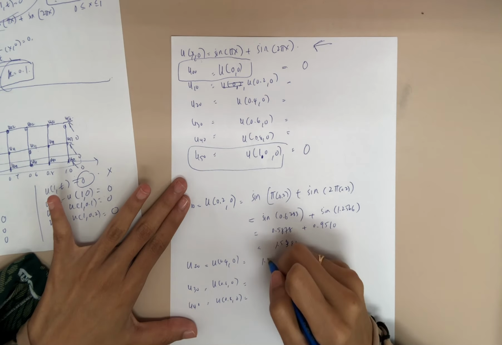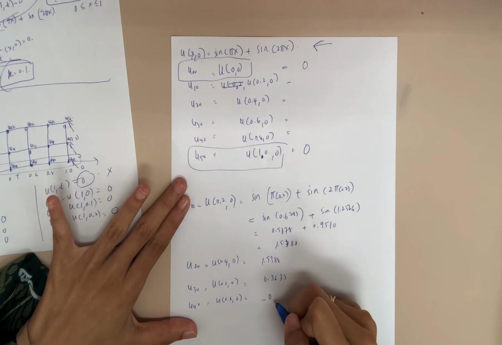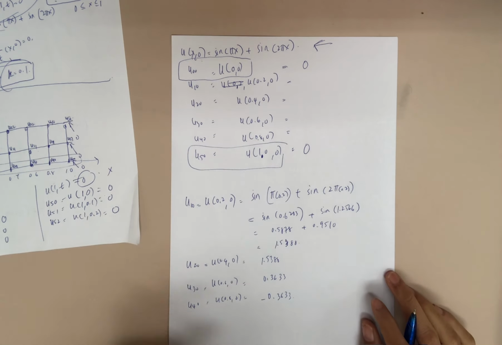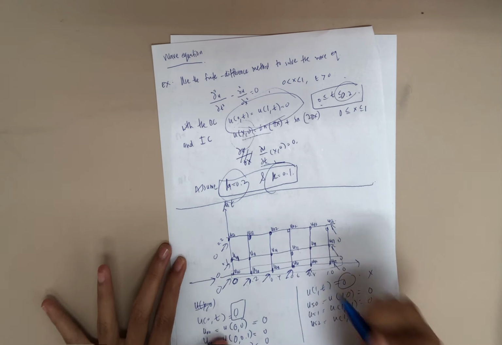The answer is 1.5388 as well. And then 0.3633 and negative 0.3633. Okay, so we already get all the values here.